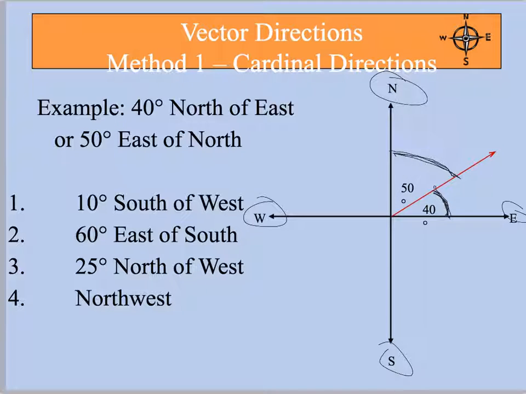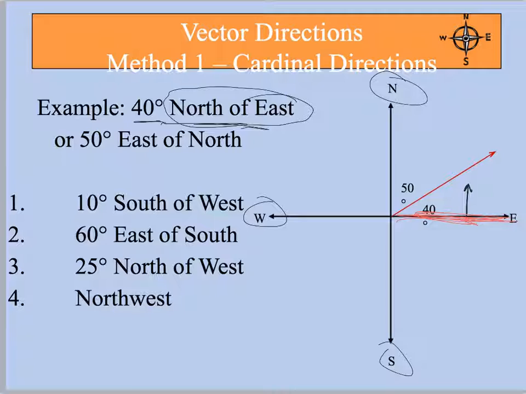We could say that it's 40 degrees north of east. Now again, when you are identifying the north of east part, we say that the north direction is up. So north would be that way, north of east.